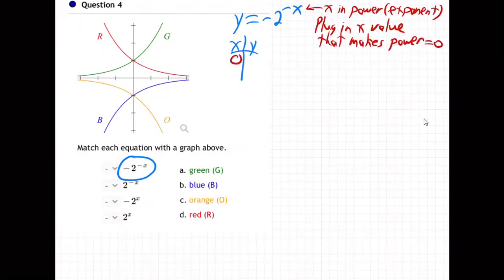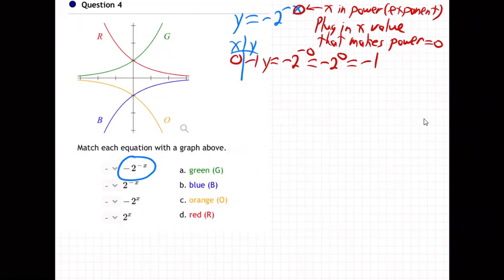So I'm just going to plug in 0. If you put a 0 right there, the power is 0. And so what does y equal then? Y will equal -2 to the 0, and that equals -1, not regular 1.